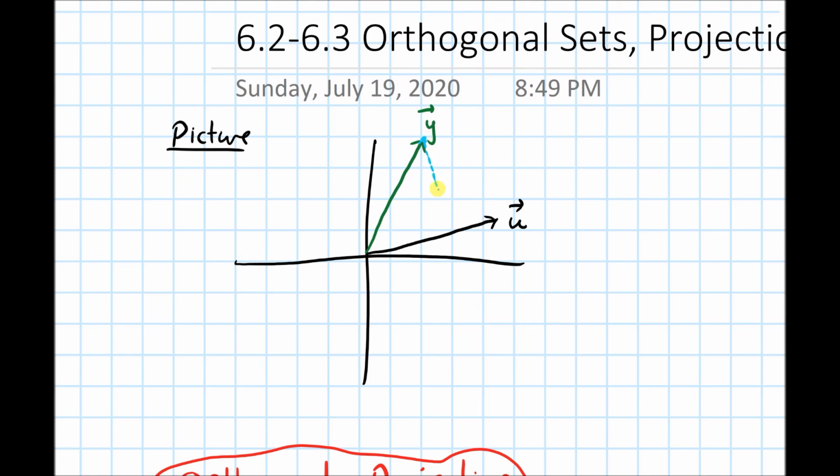So I draw a perpendicular. And the projection is this vector. This blue vector is the projection of y onto u, onto the span of u. In other words, onto the line that u is in.